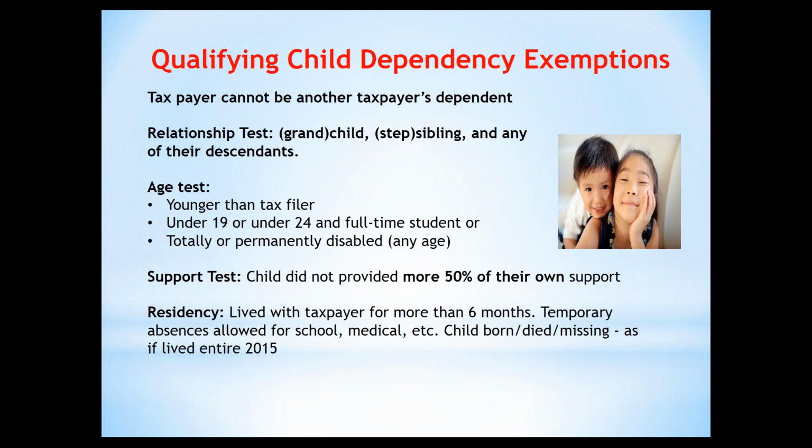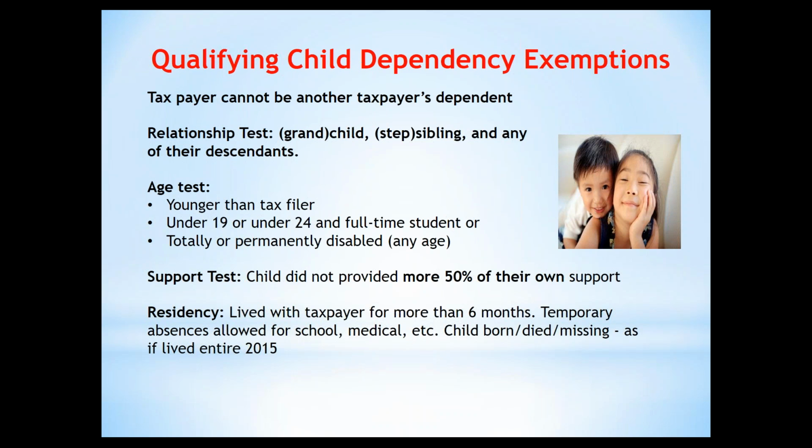If they're a child in the home, it doesn't necessarily mean that they have to be your child. It can be a dependent, maybe a step sibling, it may be a cousin. A lot of the time we'll see people that will take in children that need a place to stay for a year, 2 years, while some family things are getting sorted out. If that's the case, they just have to be in the home for more than half of the year. So that goes to that residency test.